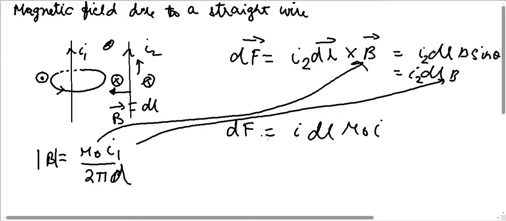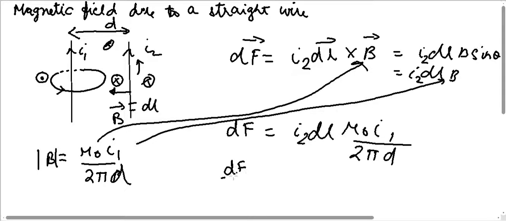So dF will be equal to I2 dl, and instead of B I will write mu naught I1 divided by 2 pi d, where d is the separation distance between these two wires. If I rearrange, dF by dl will be equal to mu naught I1 I2 by 2 pi d.